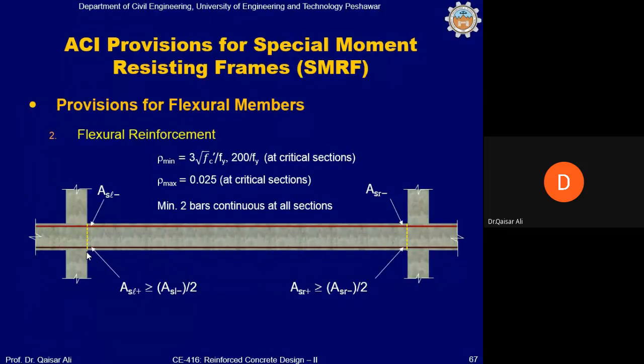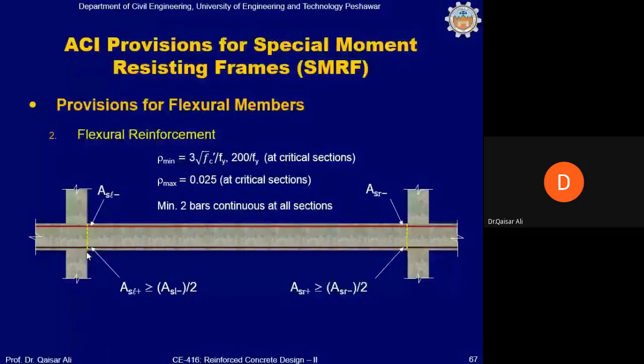and you can call this a beam of a special moment resisting frame only if this criteria is fulfilled. If this criteria is not fulfilled, then the initial assumption while we were calculating the base shear, where we took R equal to 8.5, will not be correct, because R equal to 8.5 will be correct only and only if all these provisions of special moment resisting frames are fulfilled.